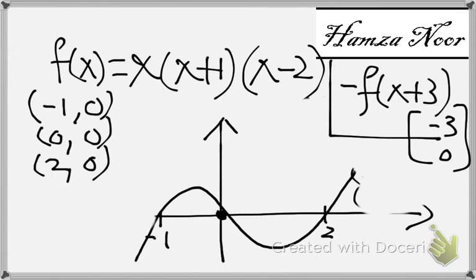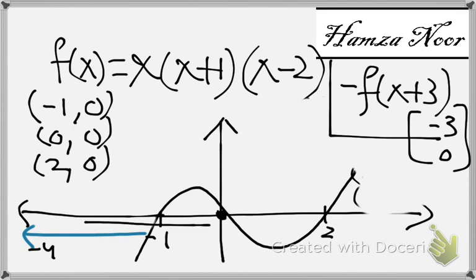I need to make it a little more accurate. Here you go. -1 will come over here, like -4, and 0 will come over here, like -3, and 2 will come here, at -1. So the new graph will be just like this.